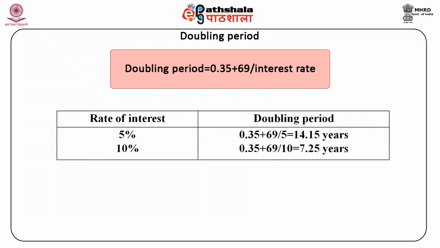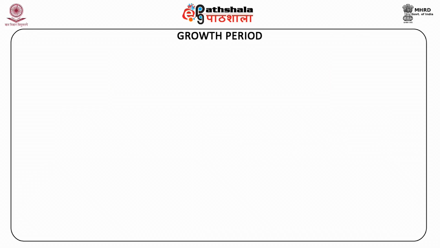If the rate of interest is 5%, then the doubling period is 0.35 plus 69 divided by 5, which comes to 14.15 years. If the rate of interest is 10%, the doubling period is 0.35 plus 69 divided by 10, which is equal to 7.25 years.